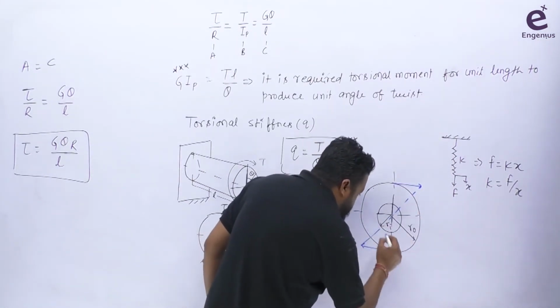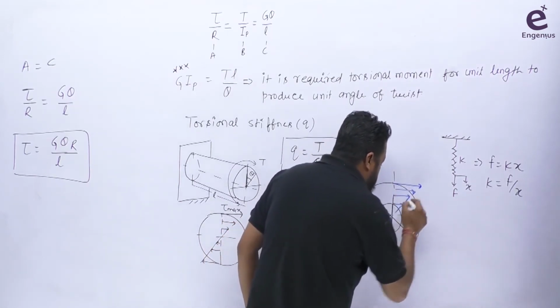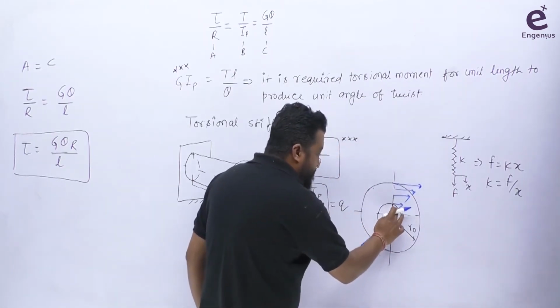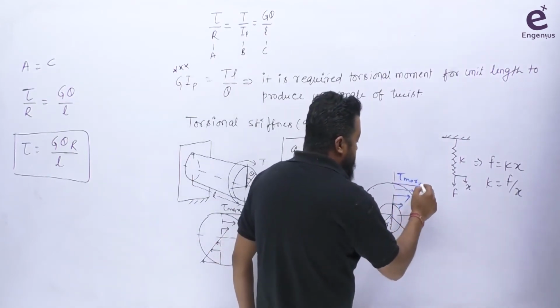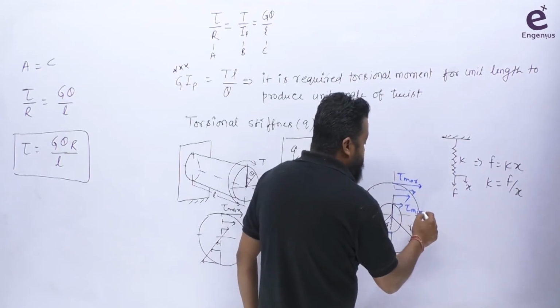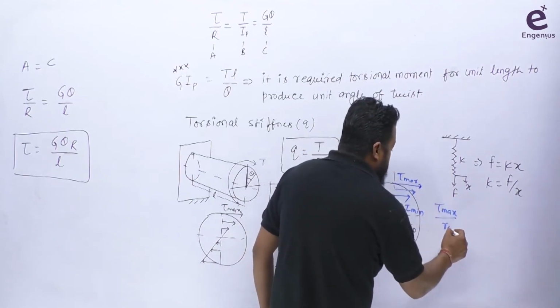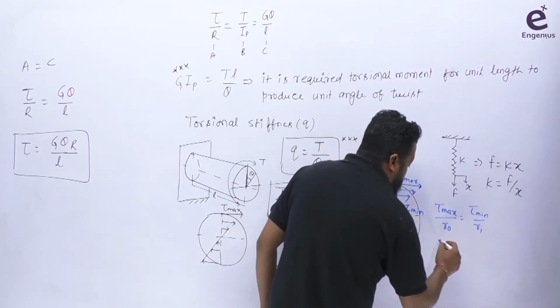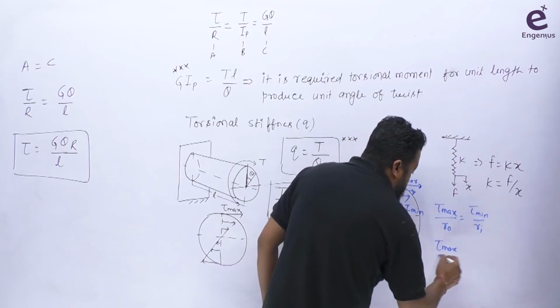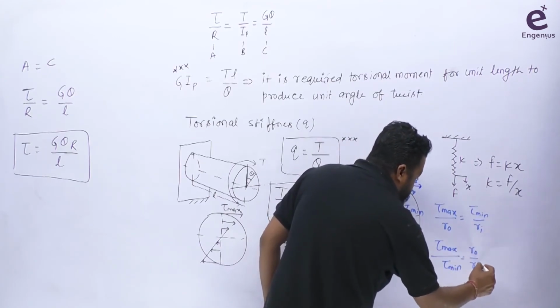As there is no material inside here, so obviously there is no stress here. So this is the max value of stress and this is the minimum value of stress. Tau max will occur at the R naught and tau minimum will occur at the Ri, or you can take the ratio of max by min over R naught by Ri.